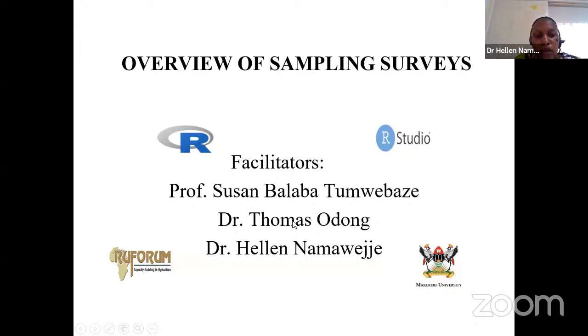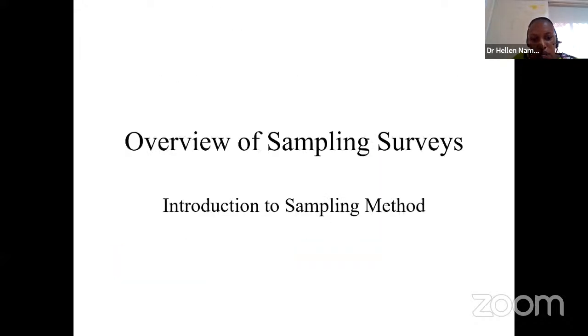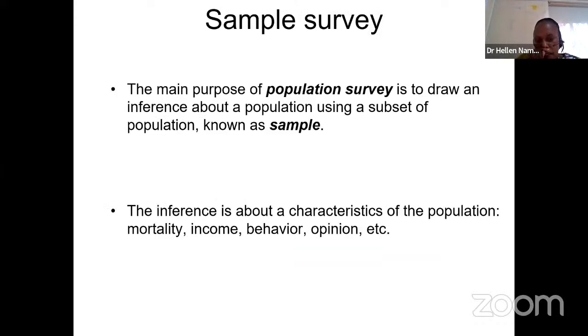Okay, so we are looking at an overview of sampling surveys. We are going to look at a simple introduction of sampling methods, and then we see how we move on. But it's important to first understand what a sample survey is. Most of the time, we want to collect data, okay? And looking at the population, our whole population is very big.